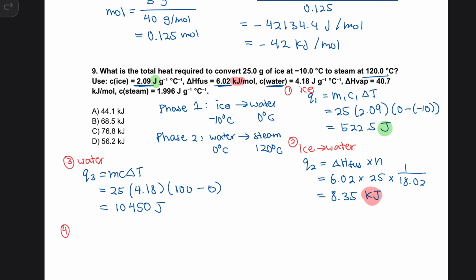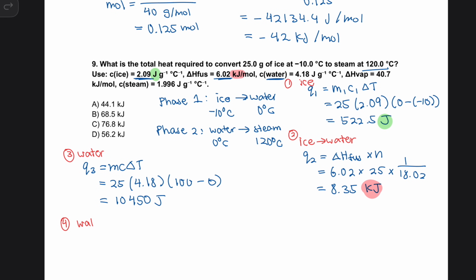Okay, step 4. Now we want to go from water to steam. So this will be Q4. So we have change in enthalpy of vaporization. Remember that fusion is from solid to liquid or liquid to solid, and then vaporization is for gas to liquid or liquid to gas, times the moles.